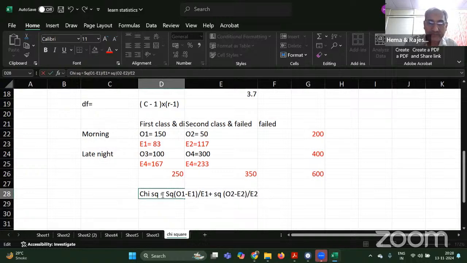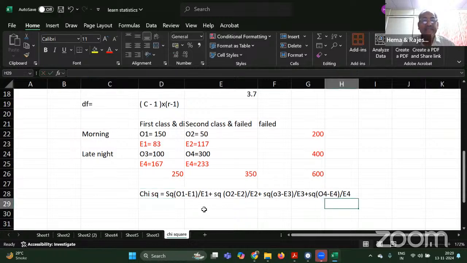You need to do this: O3 minus E3, squared, divided by E3, plus O4 minus E4, squared, divided by E4. Because E is the expected value, we are taking it as n over here. So make the total of all, and then you will get the chi-square value.